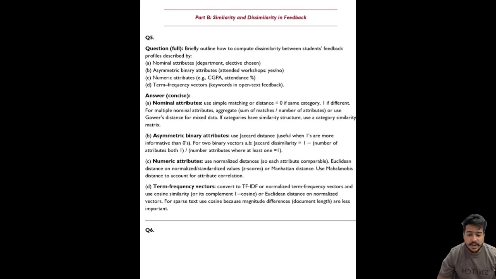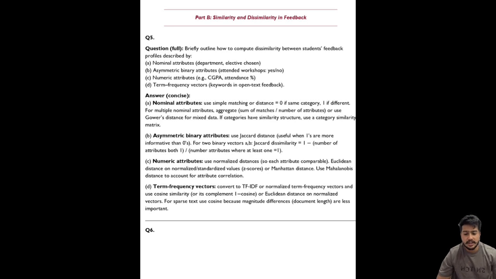Now, numerical attributes. Use normalized distance so each attribute is comparable. Then the Euclidean distance on the normalized, standardized values, or the Manhattan distance, or the Mahalanobis distance to account for attribute correlation.